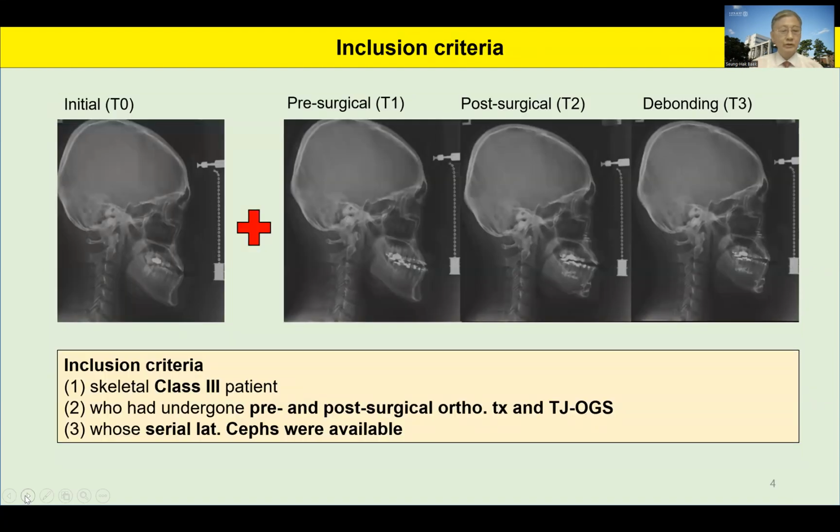Inclusion criteria was the skeletal class 3 patients who had undergone pre- and post-surgical orthodontic treatment and two-jaw surgery, and whose serial lateral cephalograms were available.